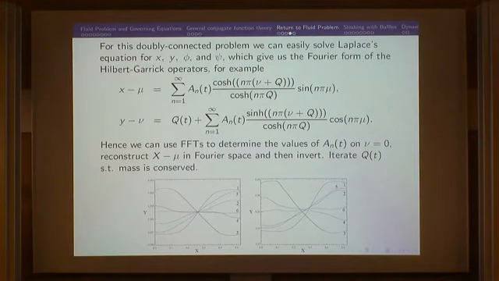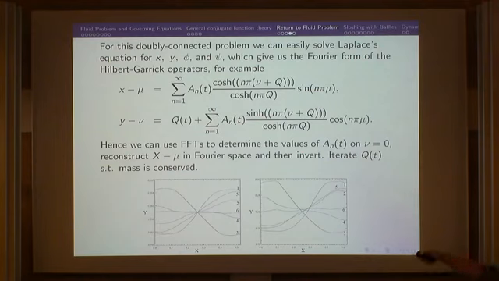So what I do is take fast Fourier transforms of that numerical form that we have. Essentially, that gives us the values of these a n of t times tanh n pi q, multiplied by these cosine terms.